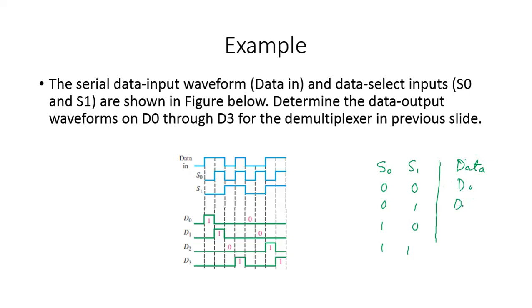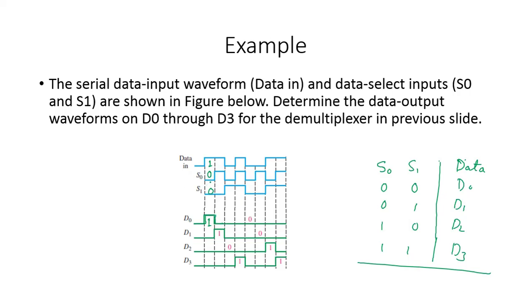Then it will be connected to D1, D2, and D3 for this circuit. So here we have 0 0, so the data is 1, so D0 is equal to 1, this data will be passed. So the waveform will look like this one.